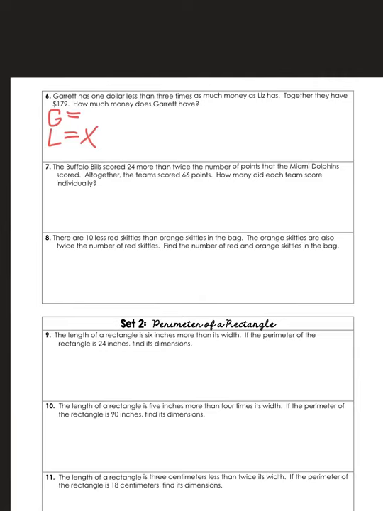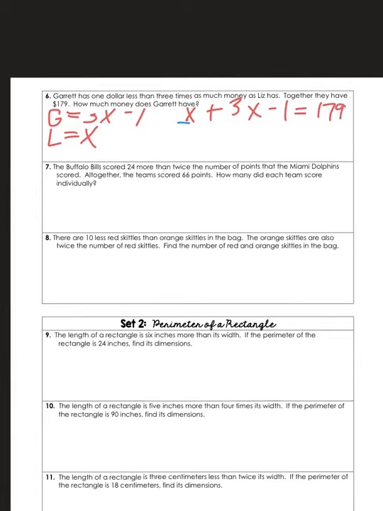Garrett has 3 times x minus 1. Together, so if we add them up together, they have $179. Well, x plus 3x minus 1 equals 179.